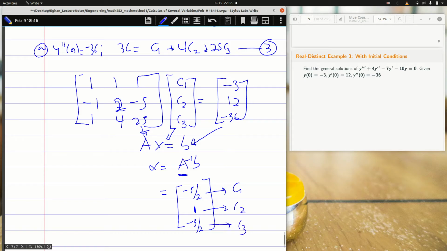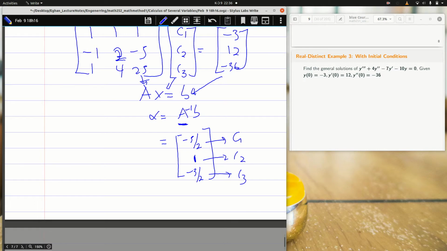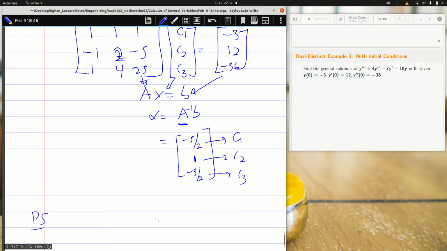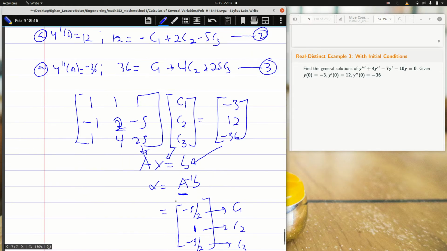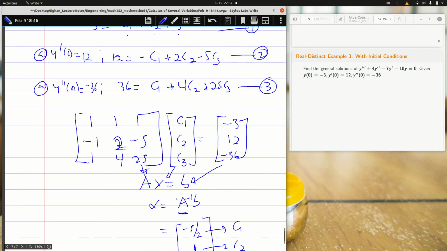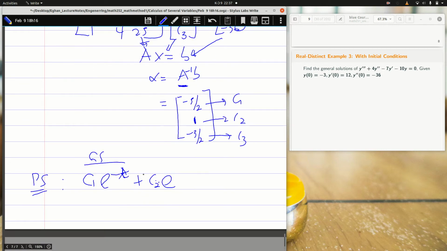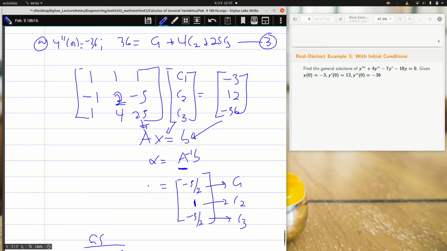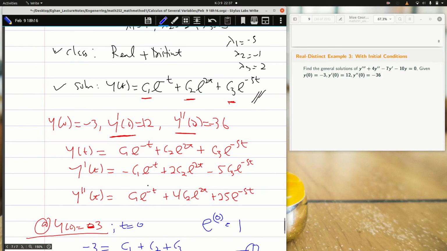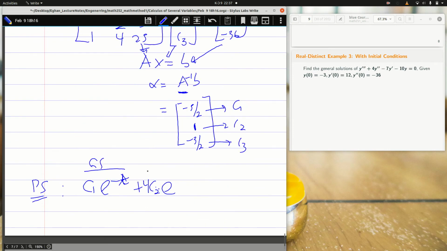With this, I can write my particular solution. The general solution was C1 e to the negative t, then C2 e to the 2t, oh no, sorry for that, and then the last was C3 e to the -5t.